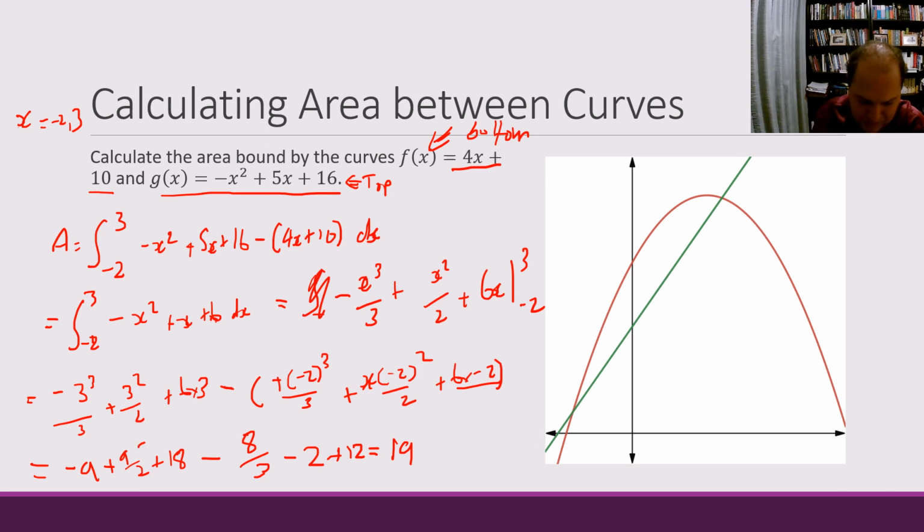So 9 on 2 is going to be 27 on 6, and 8 on 3 is going to be 16 on 6. So that'll be 19 and 11 sixths. Simplifying that a bit further, 11 sixths is 1 and 5 sixths, so that'll be 20 and 5 sixths, or 125 over 6 is the area between those two curves.